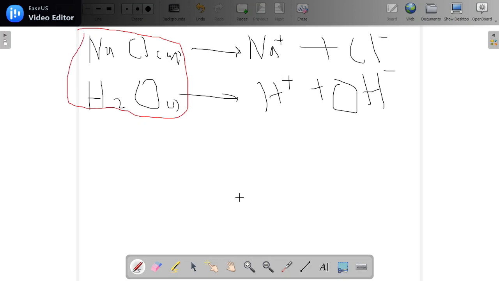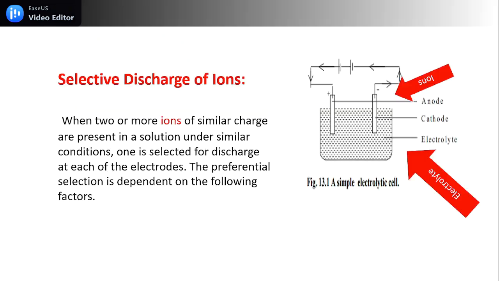Now in electrolysis, we have ions that are selected for preferential discharge, that means ions that are selected to pass through these terminals to carry out the process of electrolysis. That's what we are looking at in this segment of the lecture.